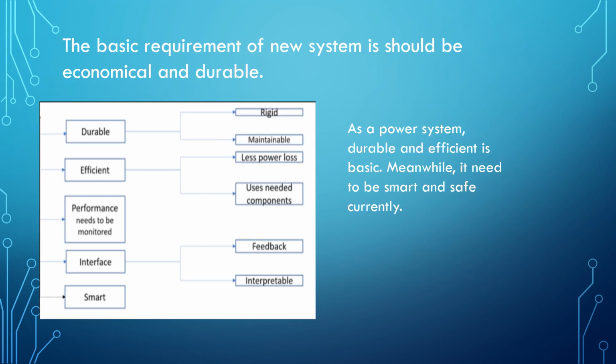According to the basic requirements of the new system, it should be economical and durable, because this power system should work for a long time, so it must be durable. It must also be rigid and maintainable, and the power system must be efficient.